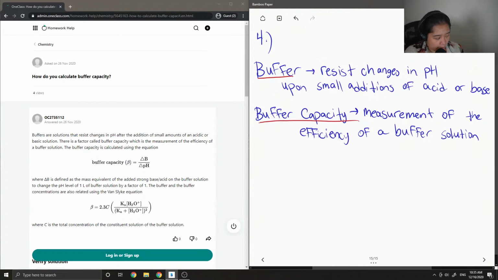We can calculate buffer capacity by using the following equation. We'll denote buffer capacity as beta, which is equal to N divided by delta pH.